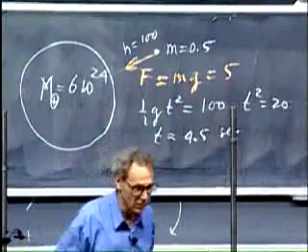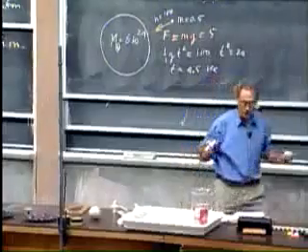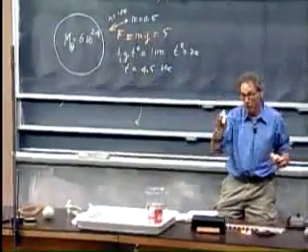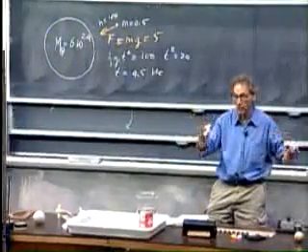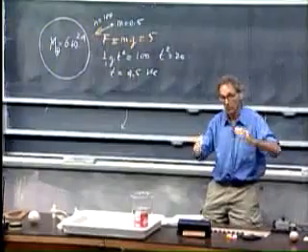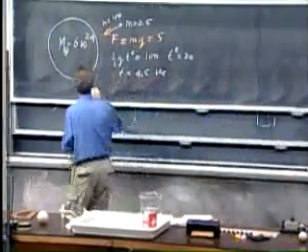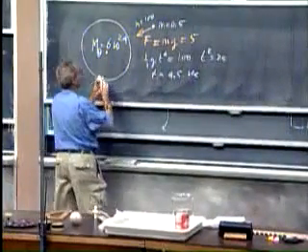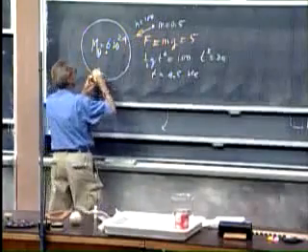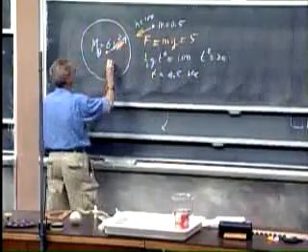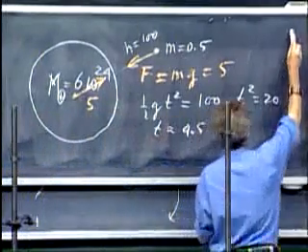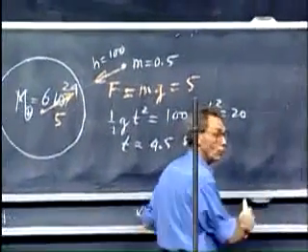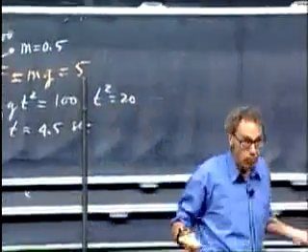So far, so good. But now, according to the third law, the earth must experience exactly the same force as the apple does, but in the opposite direction. So therefore, the earth will experience this same force, F, 5 Newton, in this direction. What is the earth going to do? Well, the earth is going to fall towards the apple.